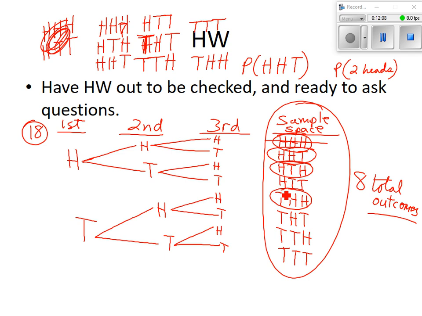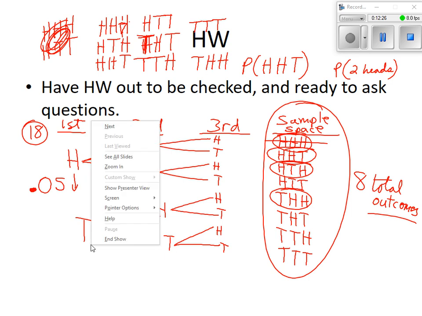Remember, what makes an event unusual? What percentage? Unusual is low, so 0.05 or less. That's unusual. Now, 0.50 or less is unlikely to happen.